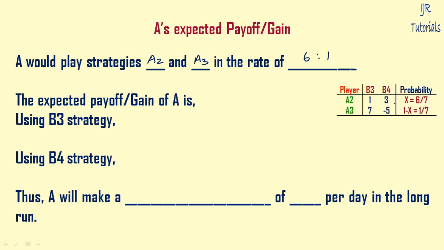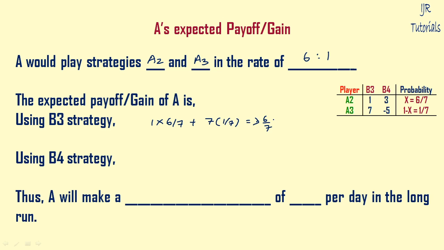Now we use the expected payoff of A. Using the B3 strategy, it is 1 into 6 by 7 plus 7 into 1 by 7. Now calculate it.